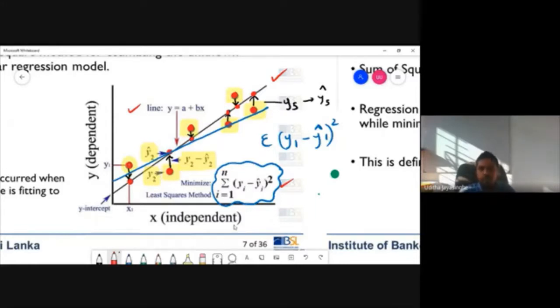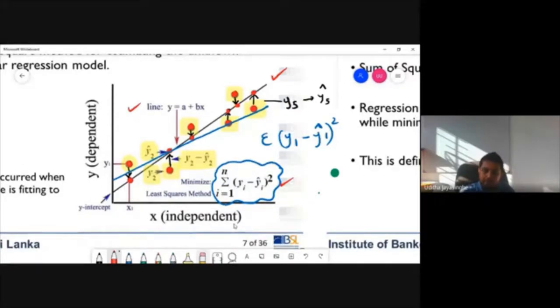Once we do that, the whole idea is that we have to minimize this particular value. So let's say you have done maybe 3 or 4 different lines, and out of all these, you found one particular line with the minimum value. I go back to my previous plane.